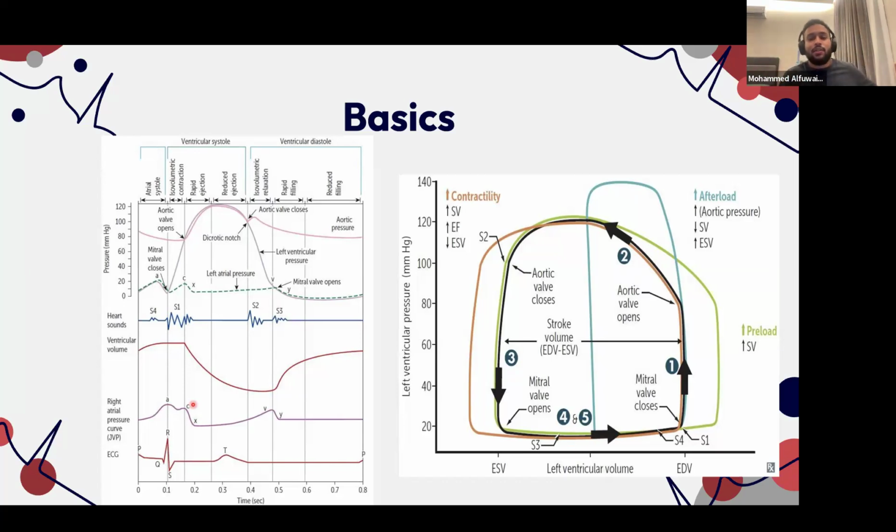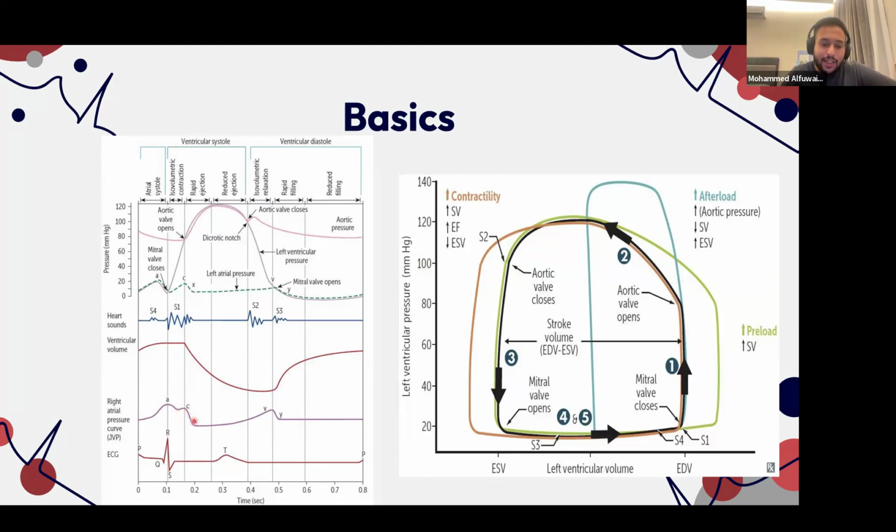What happens is the ventricle will contract against a closed tricuspid valve, because this is right atrial. It causes a recoil upwards, and this recoil upwards will cause the C wave to form. This is ventricular contraction against a closed valve.